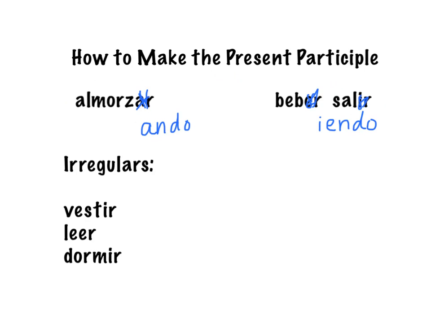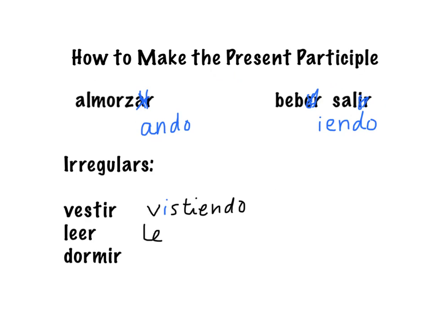For irregulars, pretty much what you're going to do is look for things that had stem changes in the preterite tense or spelling changes in the preterite tense. So vestir is a stem changing verb. Vistiendo.